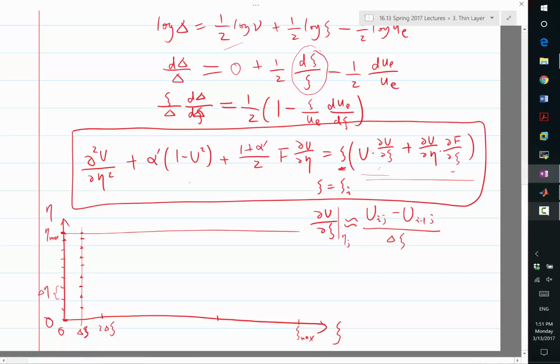And the same thing happens for partial f partial xi. I'm going to be using f at i minus f at i minus 1, j.